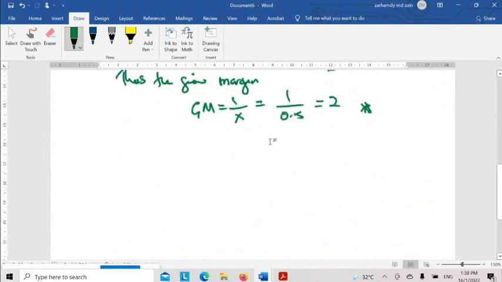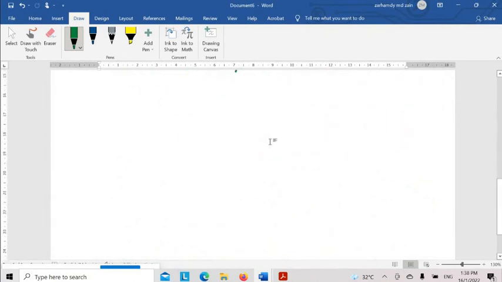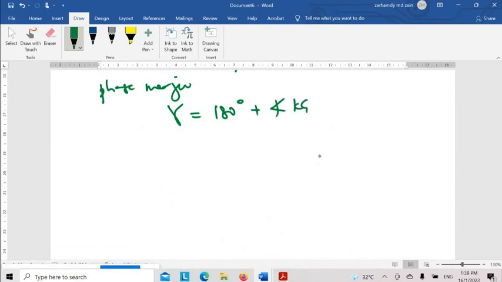Okay, another one we call phase margin. So our phase margin has its own formula where we have 180 plus the system phase, and where the criteria is KGH equal to 1.